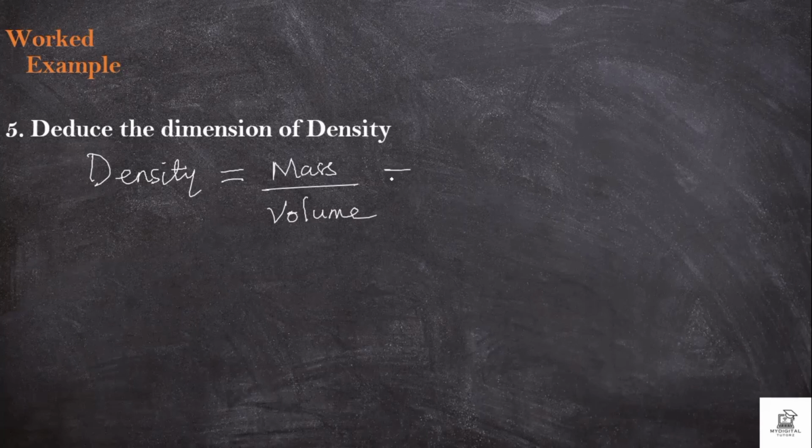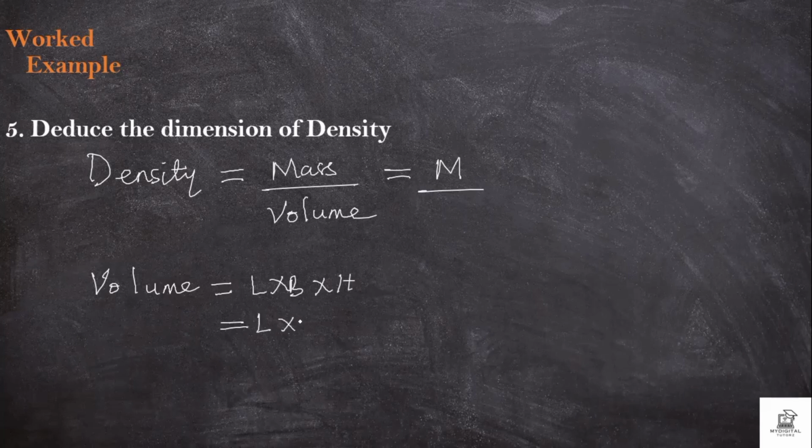So what is the dimension of mass is capital letter M, and dimension for volume, remember volume is equal to length times breadth times height, right? What is dimension for length is capital letter L. Dimension for breadth is L. Dimension for height is also L. So which means dimension for volume is L raised to power 3.